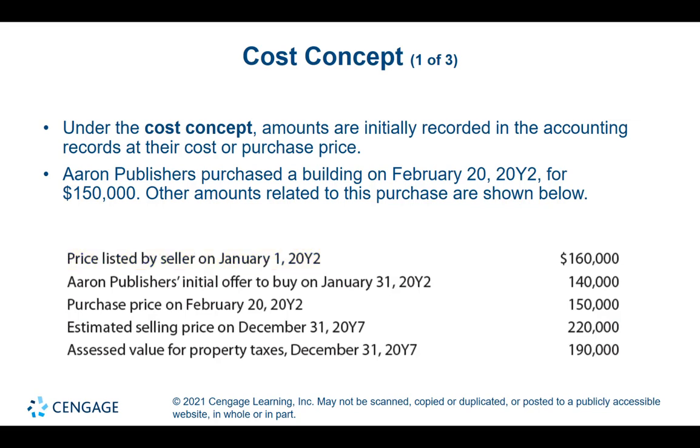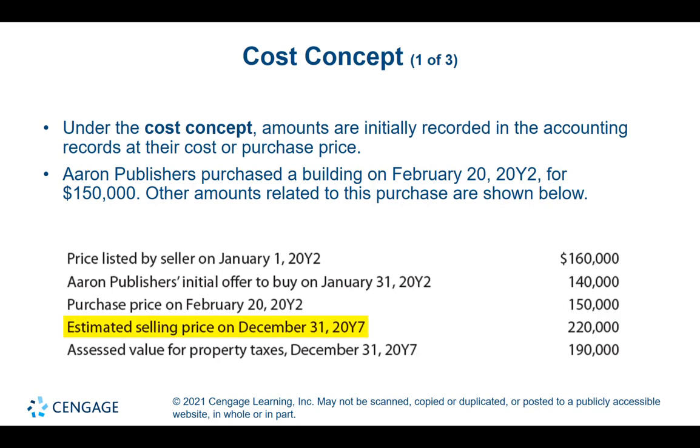That's the listed price, so that's the opinion of the seller of how much it's worth. Aaron Publishers' initial offer to buy on January 31st. So a month later, Aaron offered initially $140,000. That's how much Aaron thinks it should be worth.